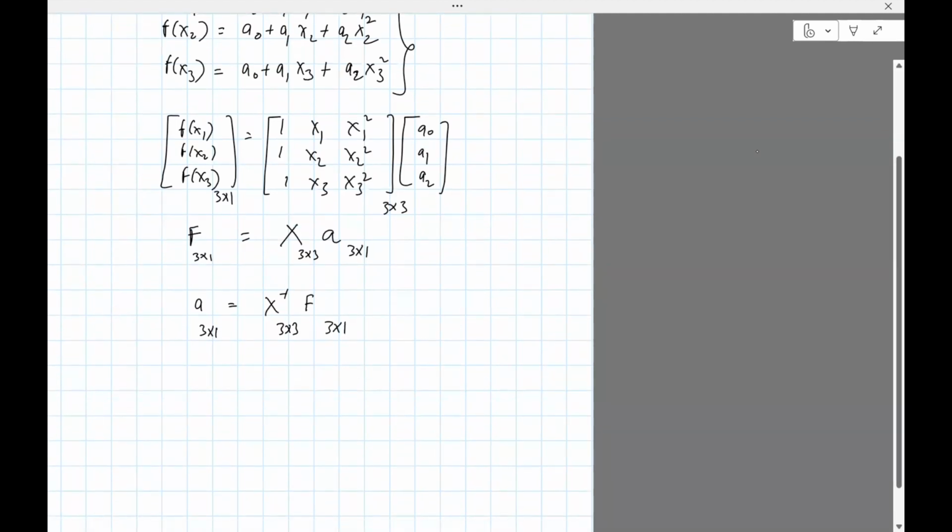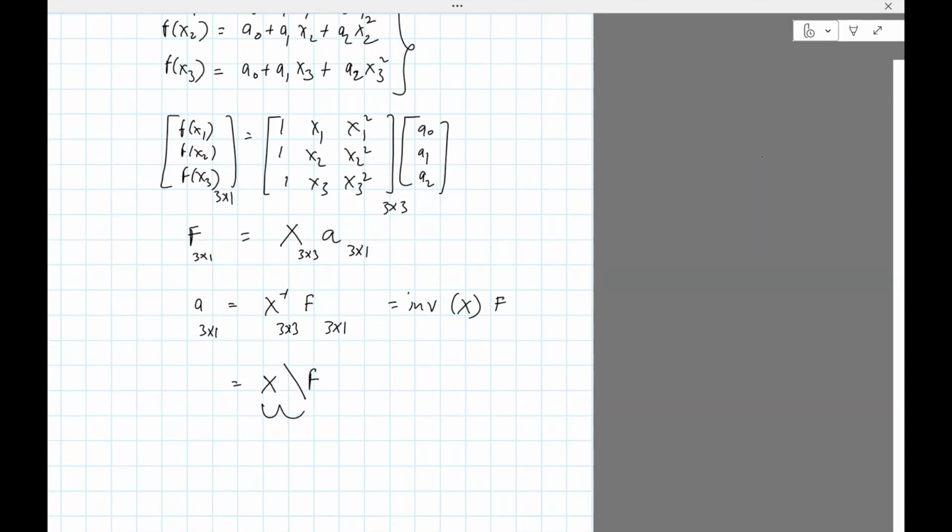Now this is actually frowned upon, the X inverse. If you do inverse X times f, it's a valid operation in Octave or MATLAB, but MATLAB will always complain saying don't use inverse X, instead use X backslash f.